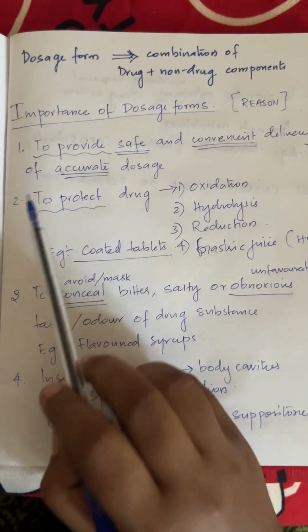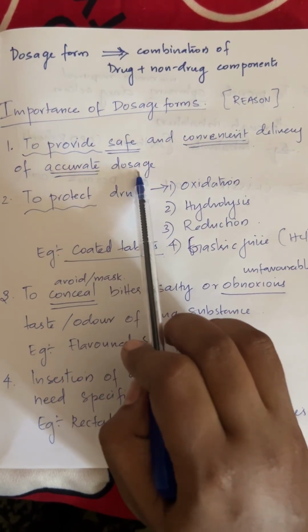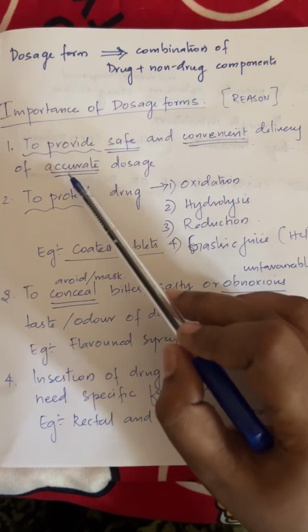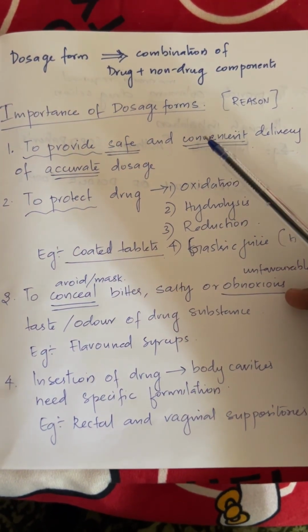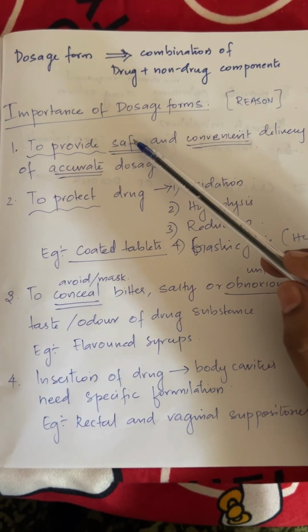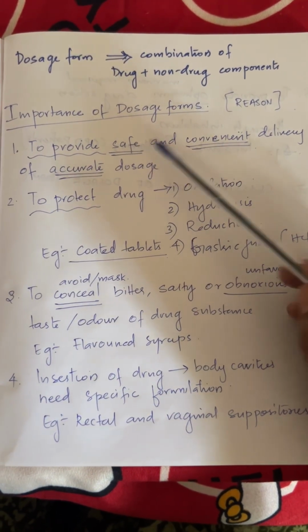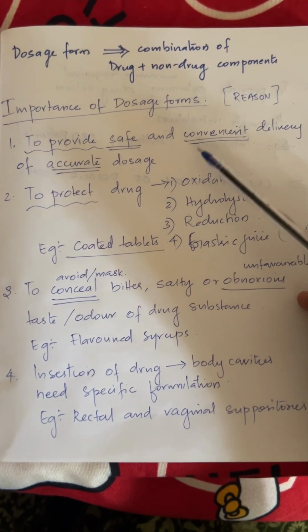So the first is to provide safe and convenient delivery of accurate dosage. Without accurate dosage forms, there is no proper treatment we can give to the patients. And it should be safe and convenient. Most of the time the drugs will be in the pure state.